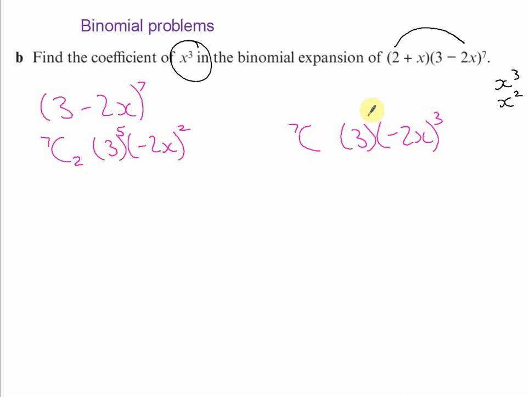If that's a 3, that has to be a 4. I'm going to put a 3 down there. Again, that could be a 4, and this one here could be a 5. That's pretty awful. So 7 choose 2, that's 21, lots of 243, and even power, so this is going to be positive, so we can have 4x squared. Let's just type all that in while we're here.